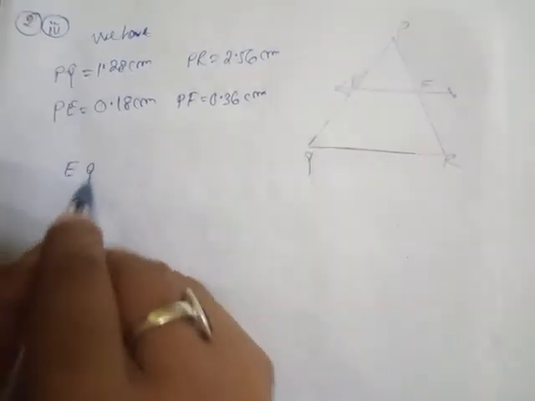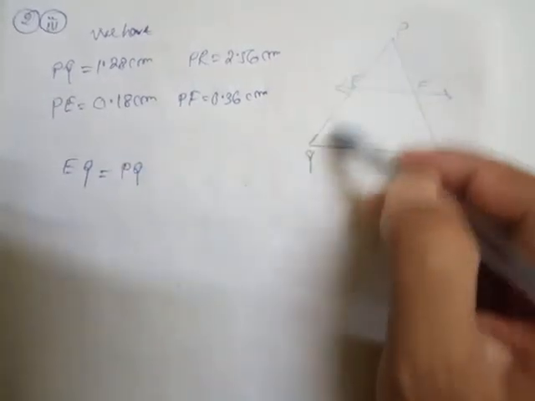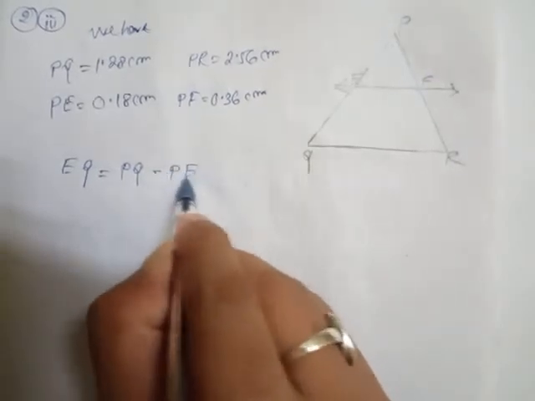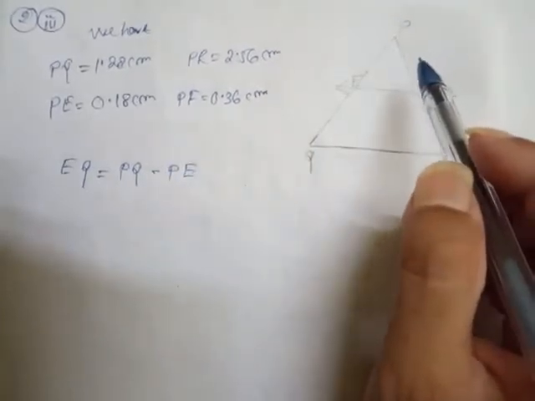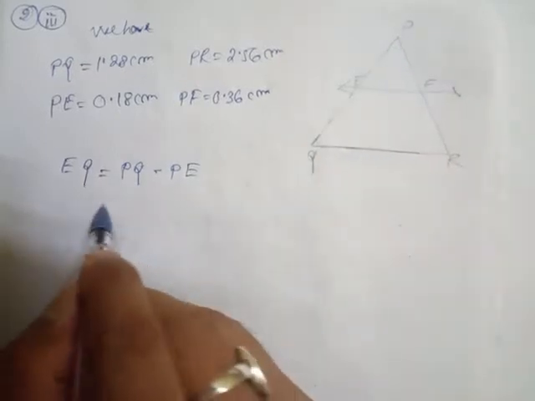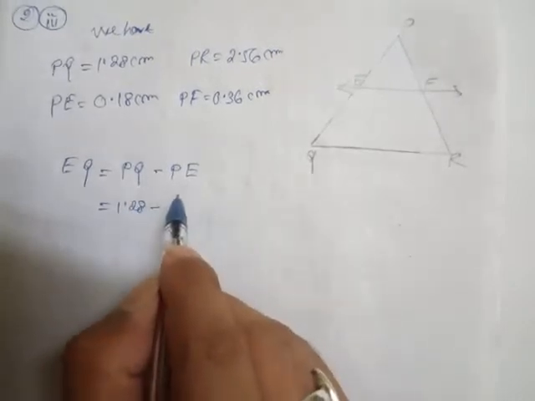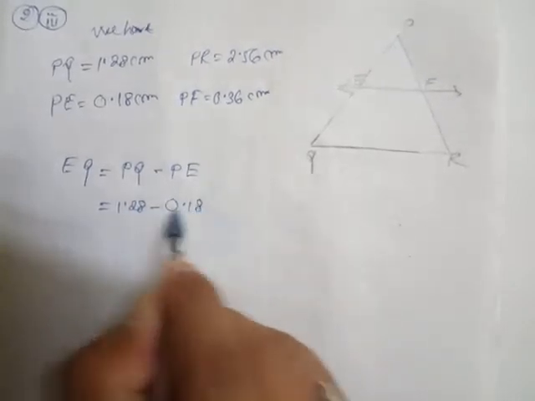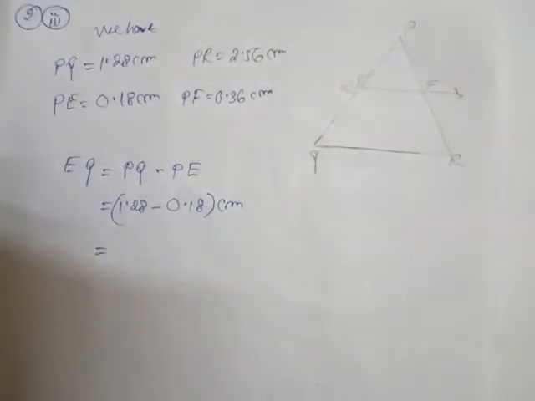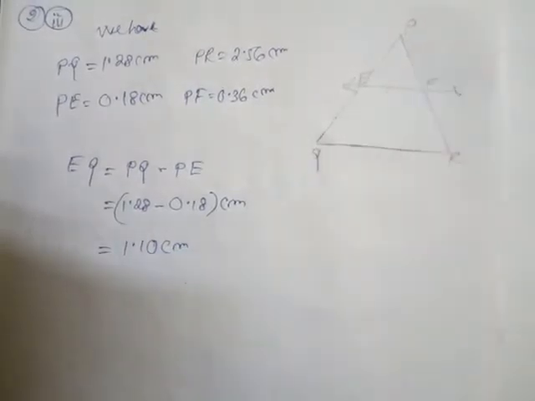Here I am writing EQ equal to PQ, this whole side, minus PE, this whole side, PQ minus PE will get EQ. So value of PQ is 1.28 minus value of PE is 0.18 cm. Now what will be the answer here after subtracting? Answer is 1.10 centimeter. This is the value of EQ only.